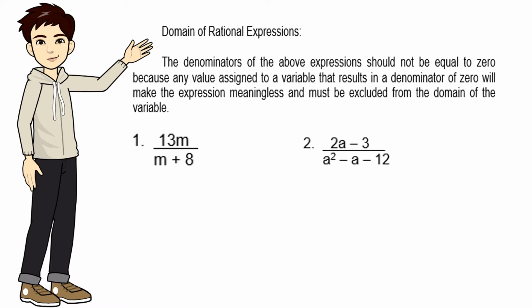Walang halaga. So what is the possible value of the variable m within our first given, 13m over m plus 8, that will make the denominator equal to 0?